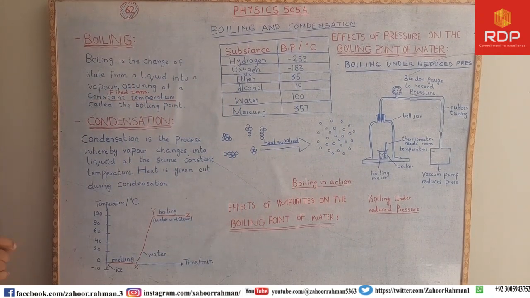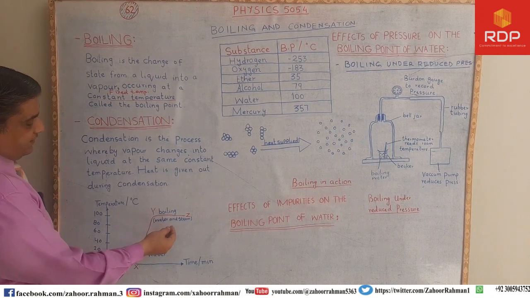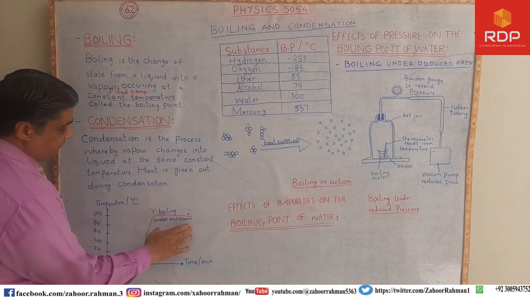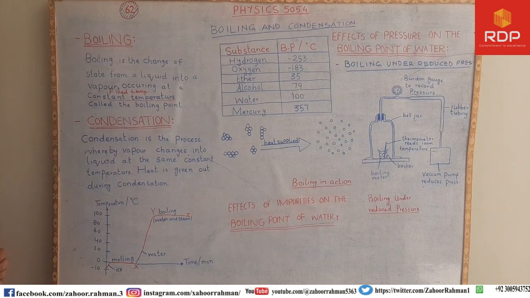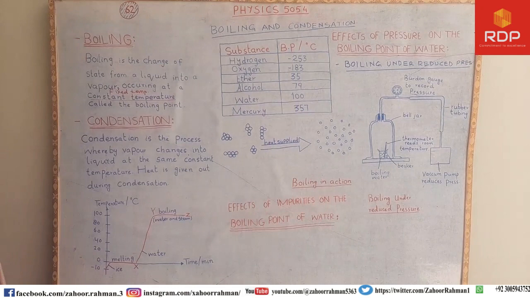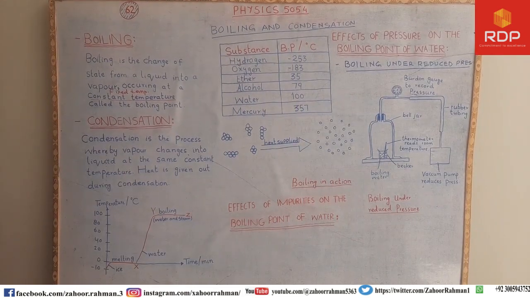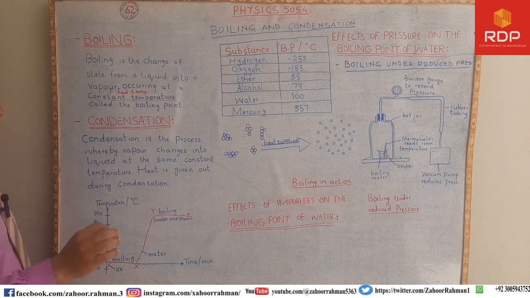One thing I must tell you here: whenever we are providing the heat, that heat is not shown by the thermometer. So we are calling that heat latent heat, which is our next topic. Latent heat means hidden heat. The heat is hidden, not shown on the thermometer scale, and that latent heat is particularly known as latent heat of vaporization.